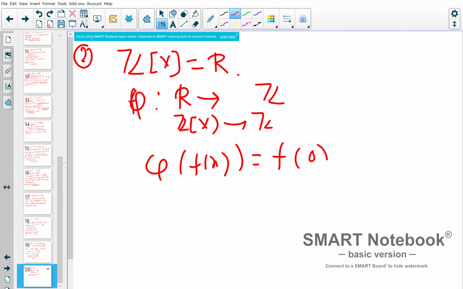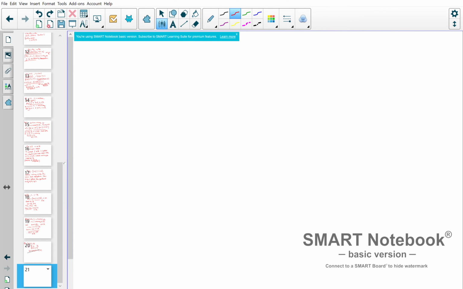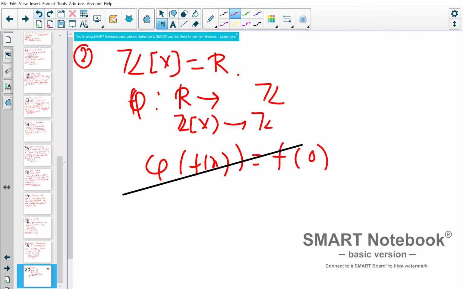Okay, and we also showed that the kernel of phi is an ideal. You should check that the kernel of a homomorphism is always an ideal.